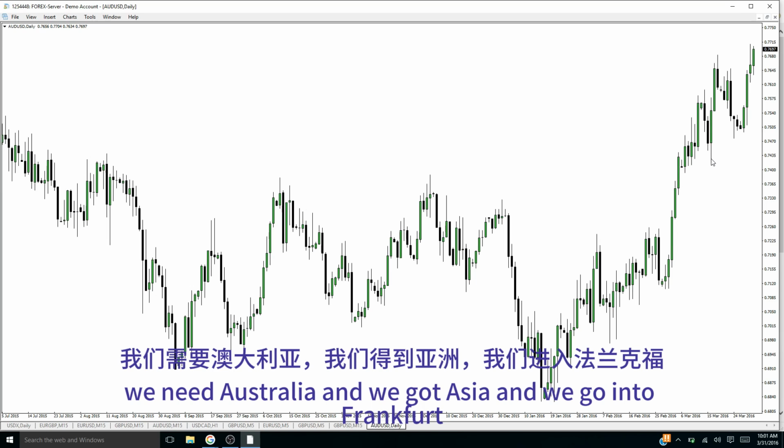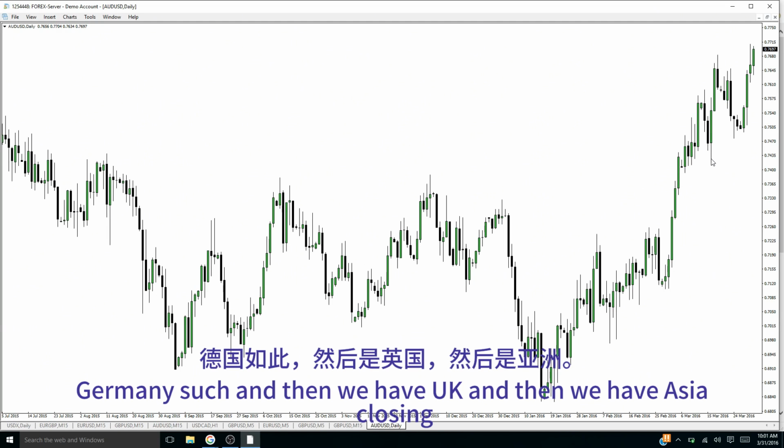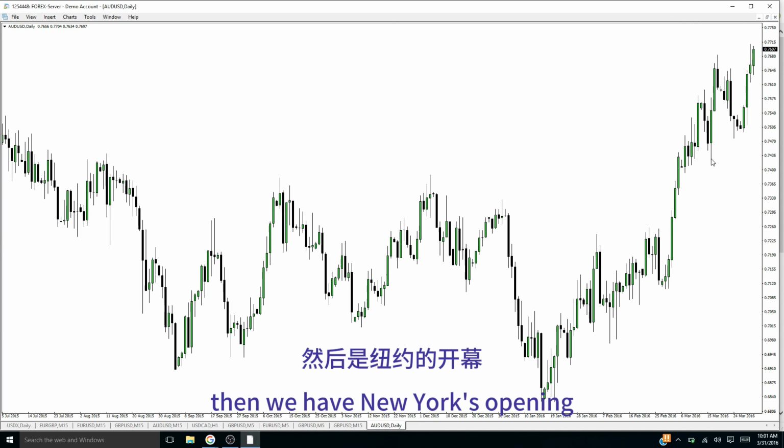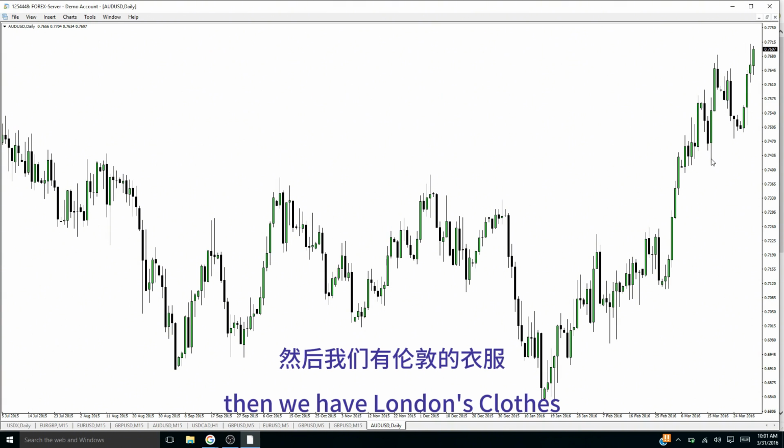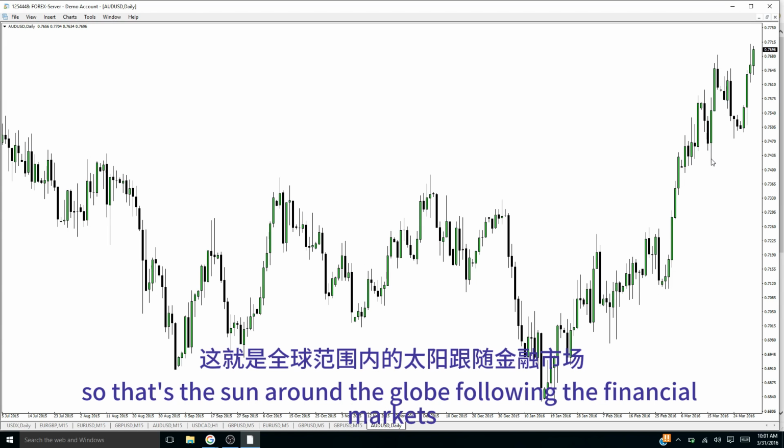We got Australia, then we got Asia, then we go into Frankfurt, and then Europe's open, Germany and such, and then we have UK, and then we have Asia closing, then we have New York's opening, and then we have London's close, and then we have New York's close, and then it starts all over again in Wellington. So that's the sun around the globe following the financial markets.